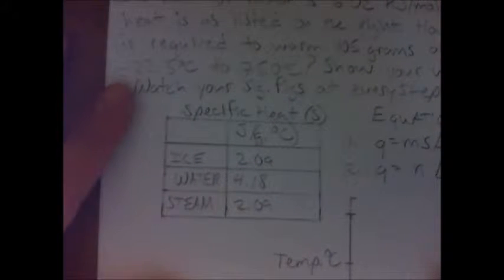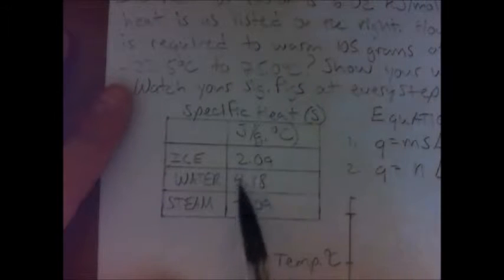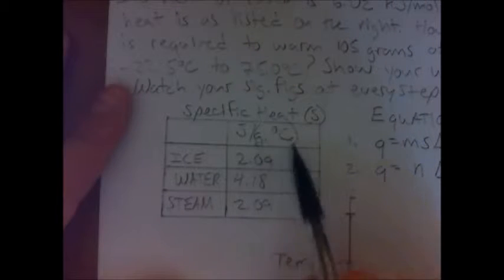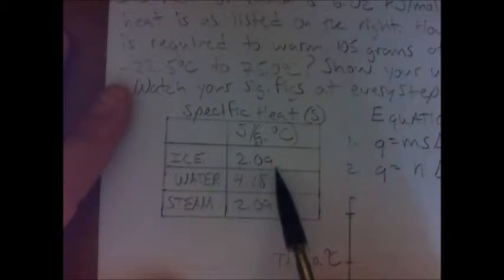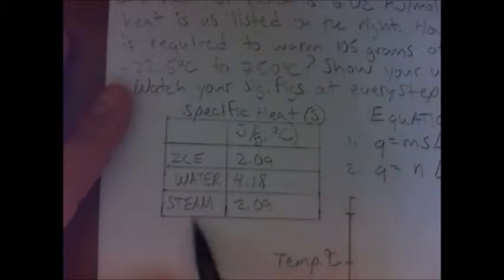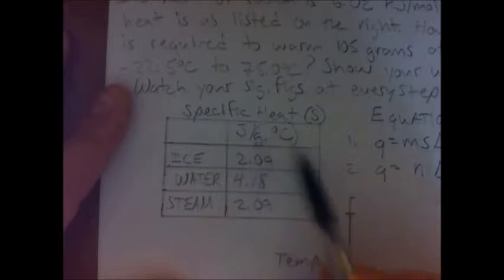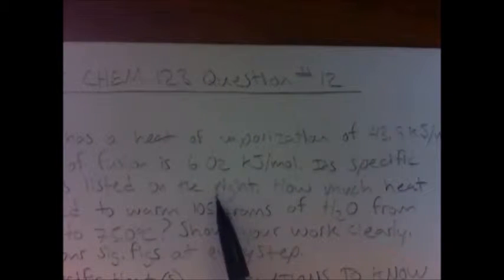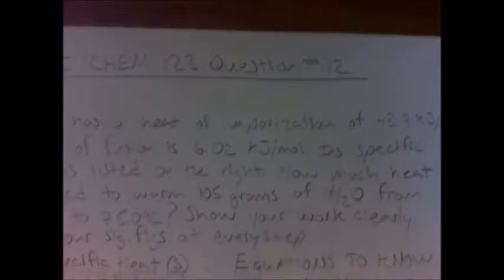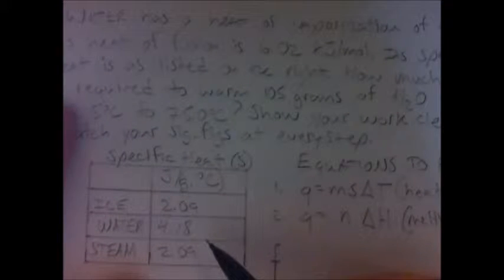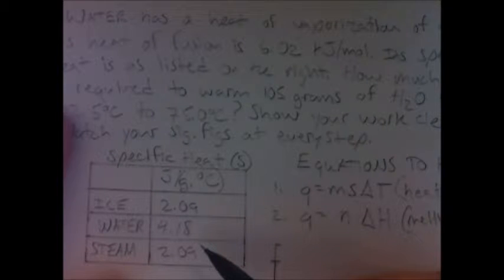The table here shows us that we have specific heat values in joules over grams degrees Celsius. Ice is 2.09, water is 4.18, steam is 2.09, and these are all joules over grams degrees Celsius. We'll have to convert our joules to kilojoules later on in the question.